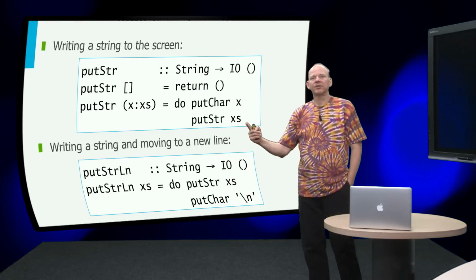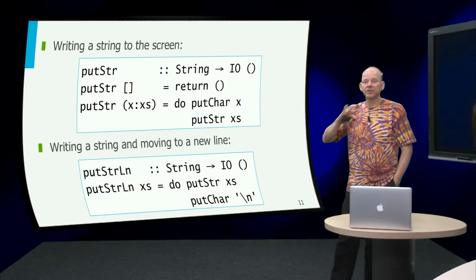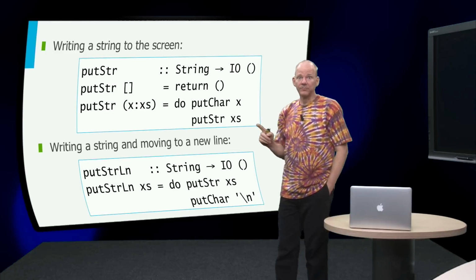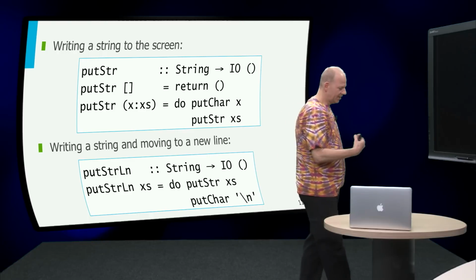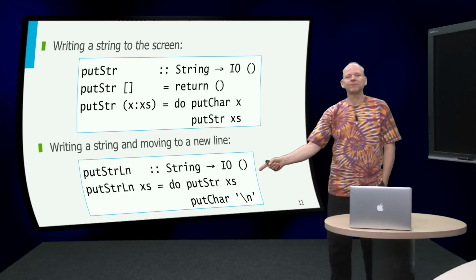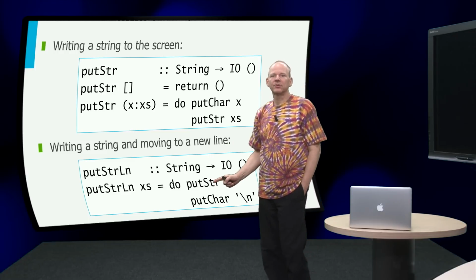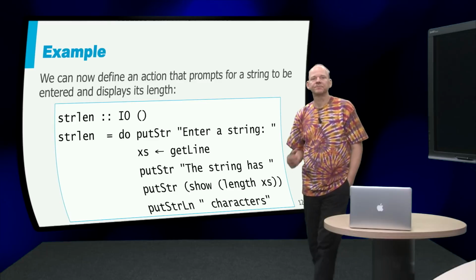This returns IO of unit, so the whole thing returns IO of unit, and everything fits. Now we can define another function that simply combines putString with putChar to write a new line behind it. So we first print the string, and then we print a new line.